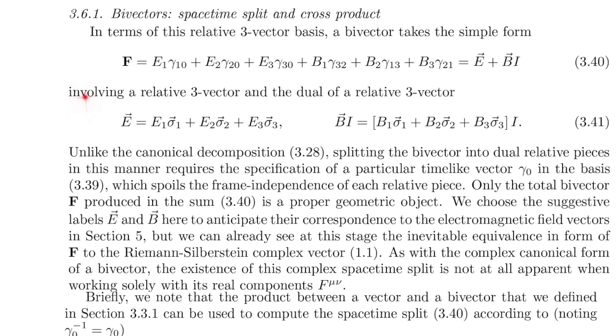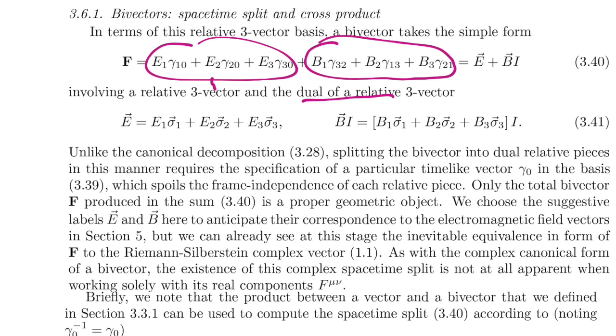The next line says what I just said, that F involves a relative 3-vector, which is this stuff right here, and the dual of a relative 3-vector, which is this guy here. Now notice that last dual part suddenly looks like this. So now, if we write it in this final form, the dual of a relative 3-vector, we need to write B as a relative 3-vector. And that's what they do here. They say the electric field is given by this relative 3-vector.